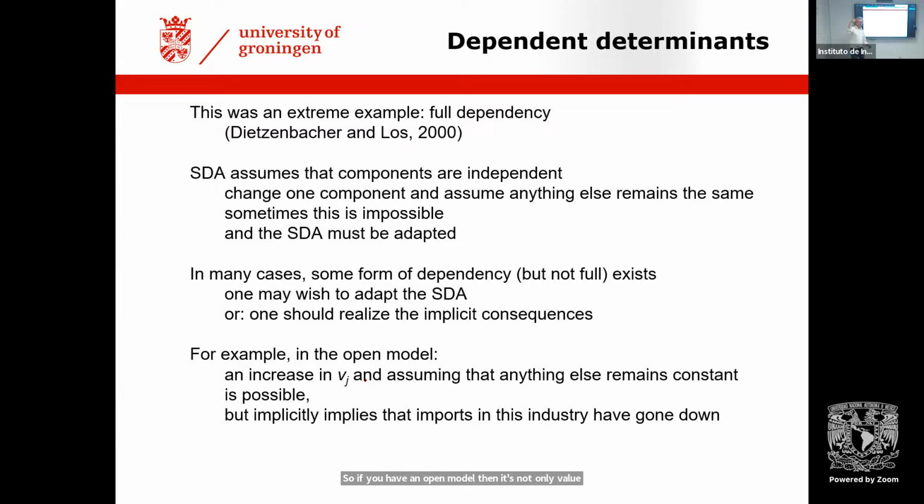So implicitly, you can say, assume that the value added coefficients change, assume that the A coefficients remain exactly the same, then actually you are saying implicitly, I assume that import coefficients are exactly the opposite of the change in the value added coefficient. But as long as you do not do anything with the import coefficients, that's technically possible. In that case, this is often a way out.